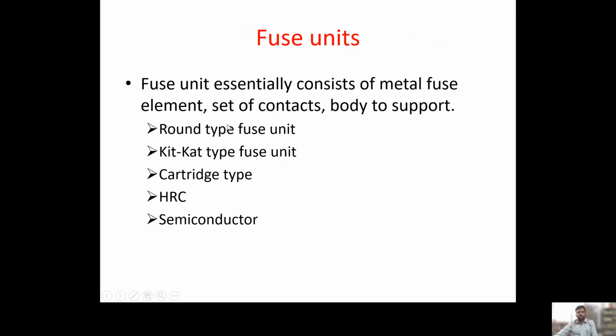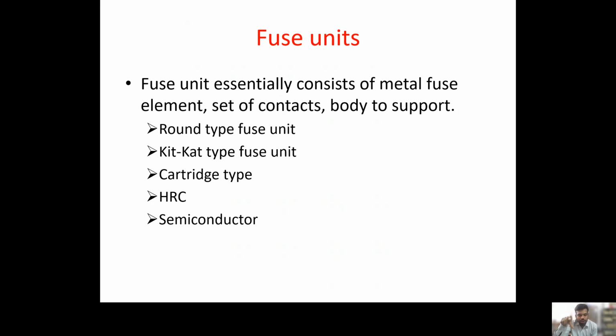Based upon the different types of units, here we differentiate the round type fuse unit. What is meant by this round type fuse unit? It consists of a porcelain or bracket box and two separated wire terminals for holding the fuse wire. Two separated fuse holding metal strips are there, and in between them the fuse wire should be connected.